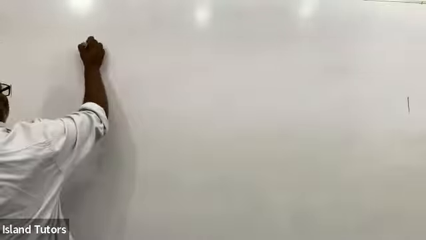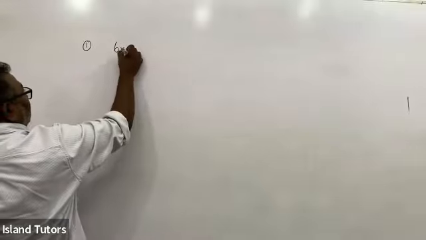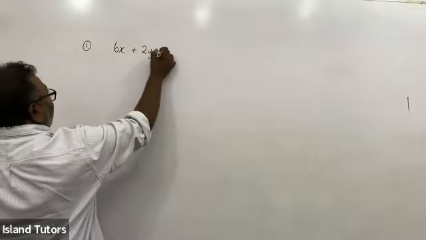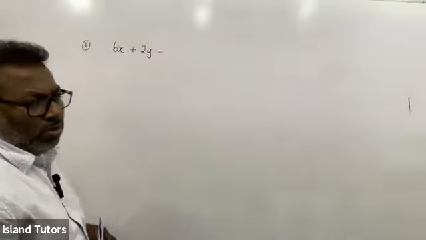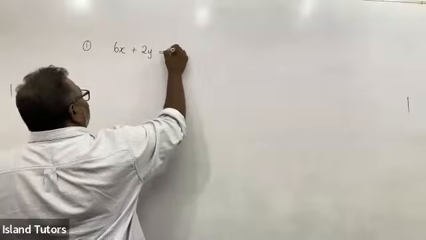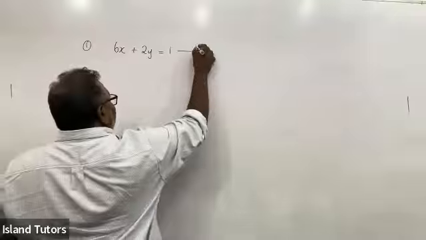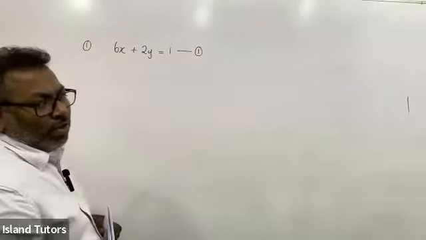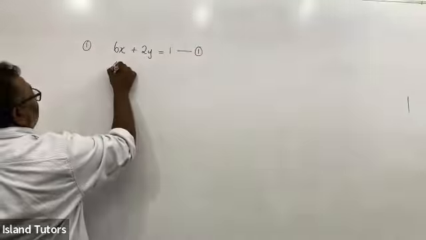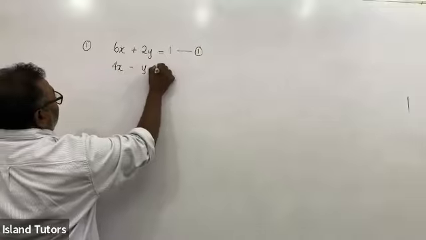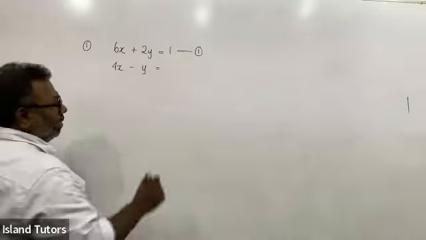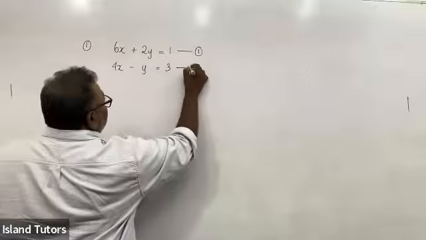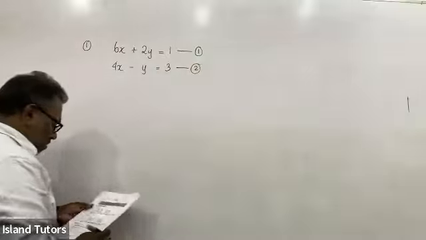Question number 1. 6x plus 2y is equal to 1. This is your first equation. Then they are giving you 4x minus y is equal to 3. This is your second equation.